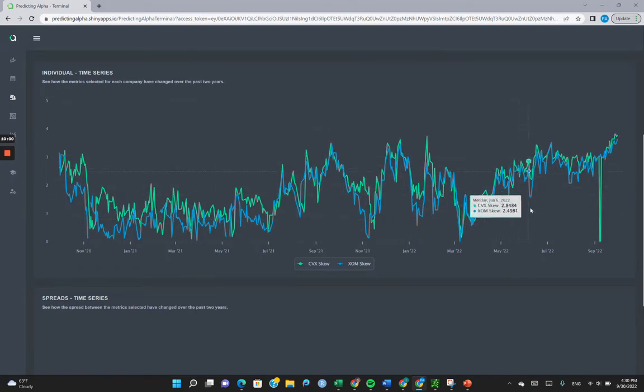But what we can see here is that skew technically right now is overpriced. As a whole, if we look at the skews on Exxon and Chevron and their historical time series, this is actually pretty expensive. This might have to be something I look into. But what we're also seeing here is this gap between Chevron skew and Exxon skew.